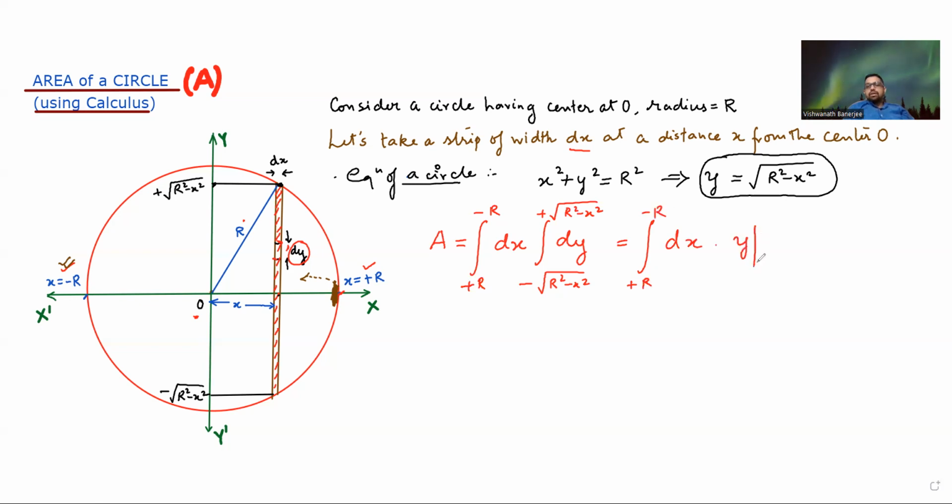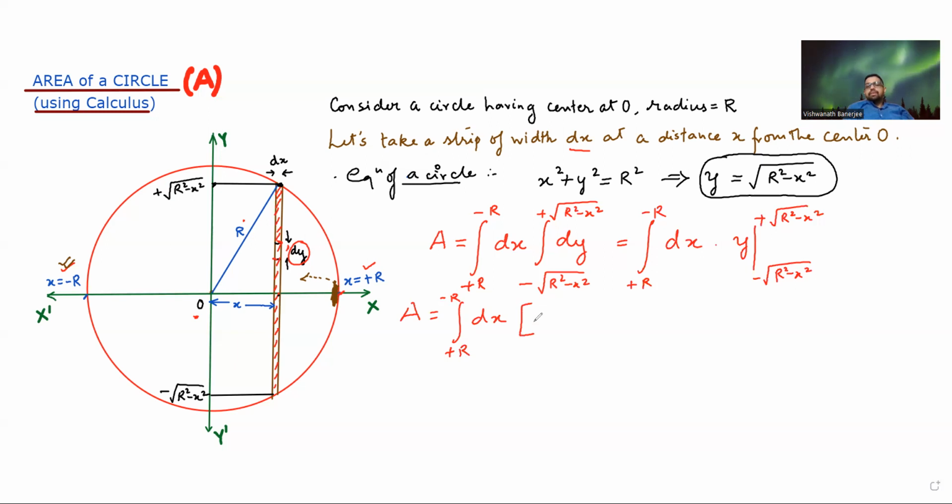This becomes y, and these are the limits. Okay. Now upper limit minus lower limit, plus r to minus r.